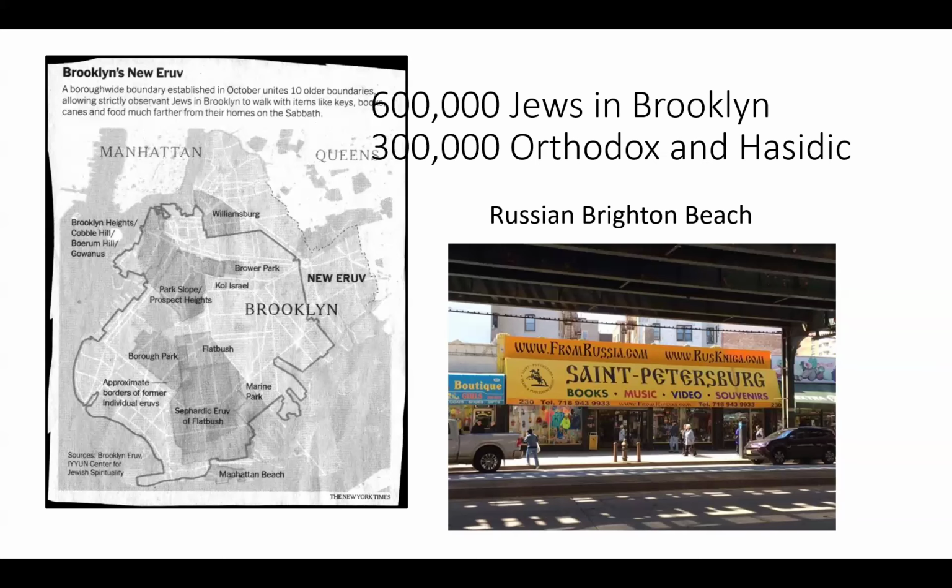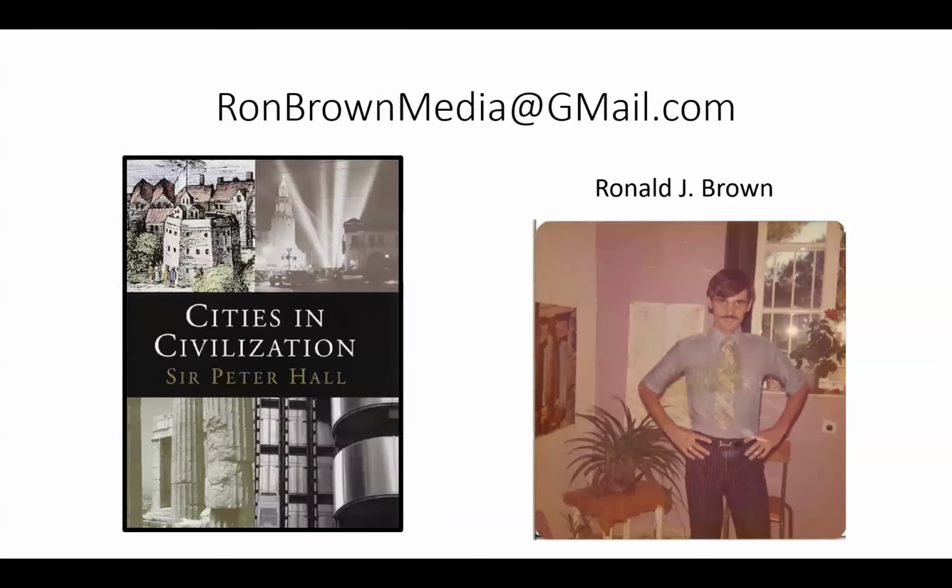So you can carry packages, you can push strollers, as if you were in your home. On the Sabbath, you're not allowed to do a lot of these things outside of your home. But by declaring a huge section of Brooklyn to be a private home, you can then push the stroller, carry packages, and do things which would normally be forbidden. And this is one of the largest and most famous eruvs in the world because of its sheer size.